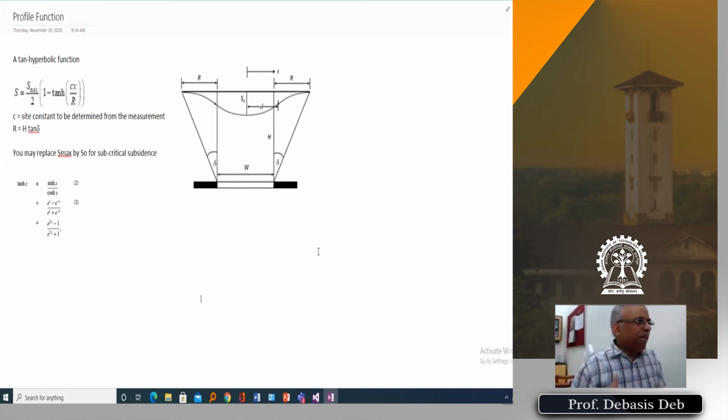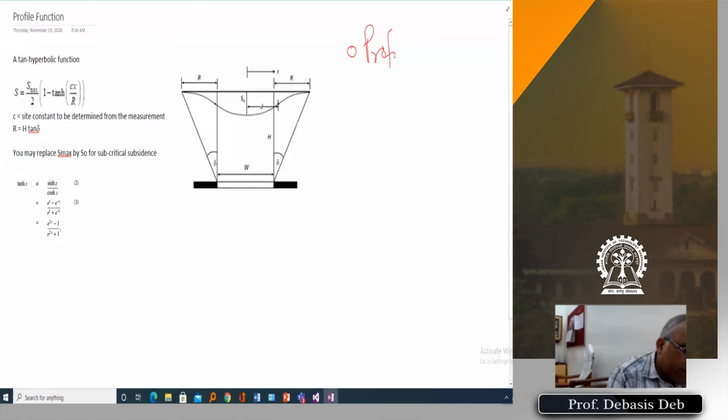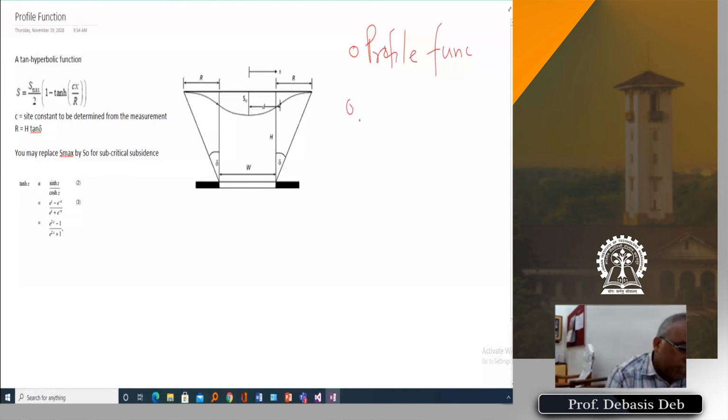There are many methods of estimating subsidence. One is the profile function. I have written it here, and I'm just going to tell you one of these. Another is called the analytical function or analytical approach.